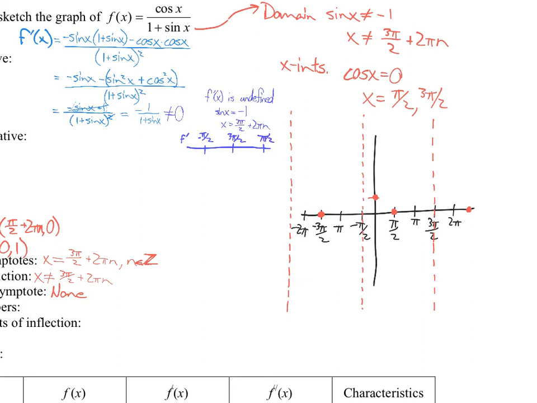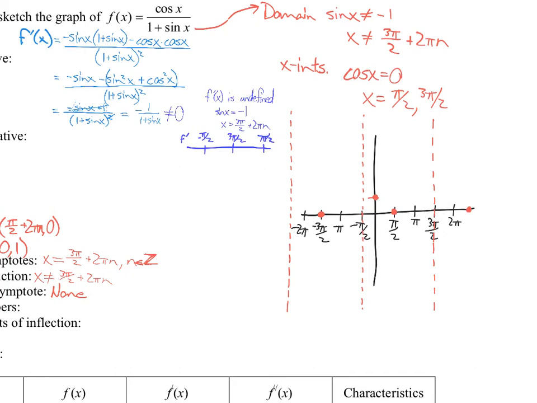Notice, no matter what I plug in to the derivative, I'm going to have a negative 1 over 1 plus sine. Now, if sine is positive, I have a negative 1 over a positive, right? If sine is 0, I have a negative 1 over 1, which is negative. And if sine is negative, the biggest it will ever be is negative 1, right? And that's where the asymptote is.